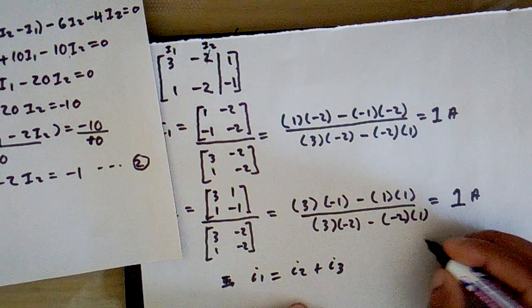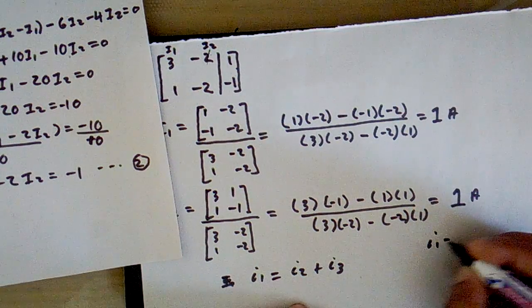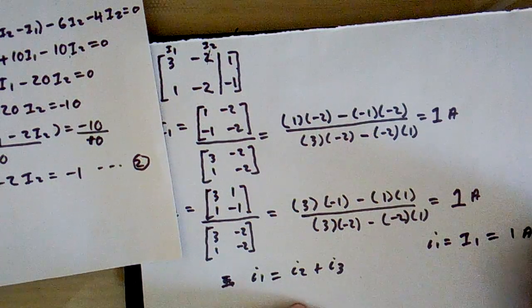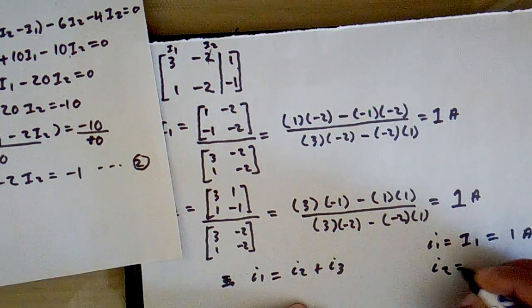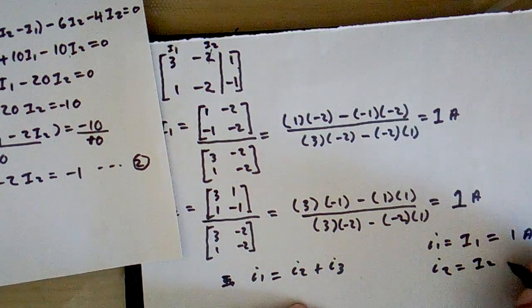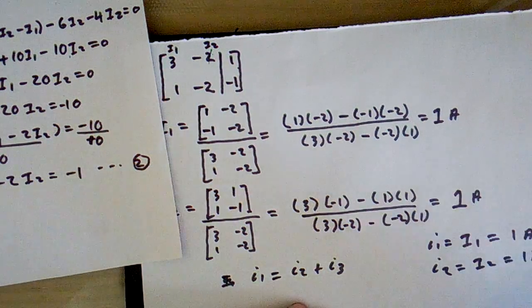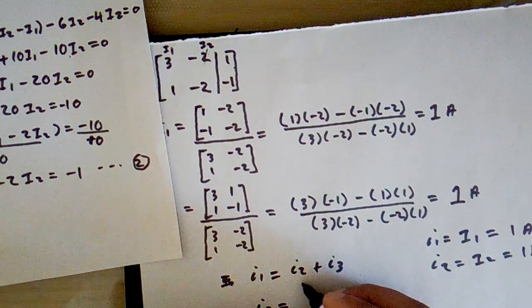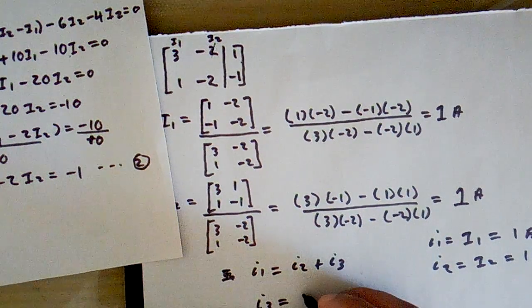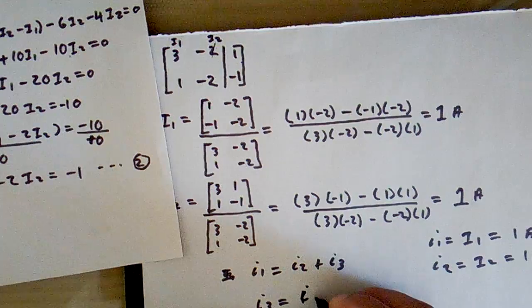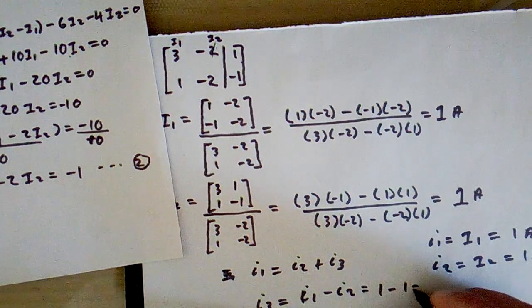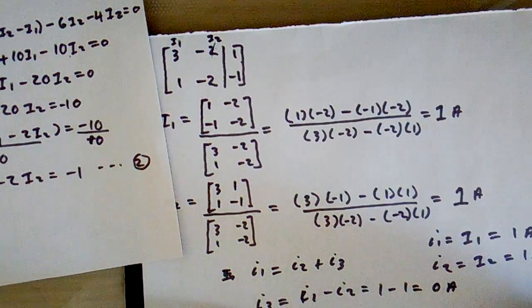Our I1 equals the I1 that we found, and our I2 is the one that we already found. So our I3 is I1 minus I2, which is 1 minus 1, equals 0 ampere.